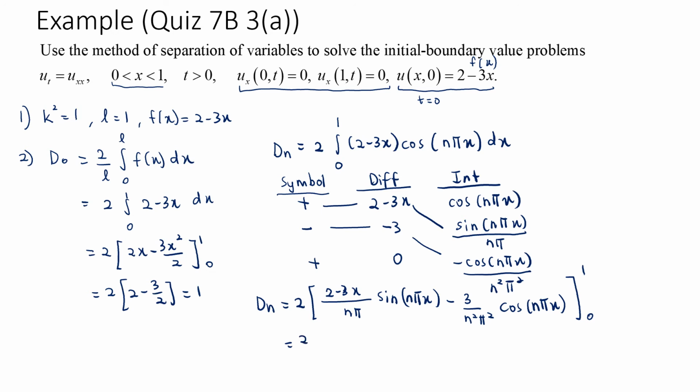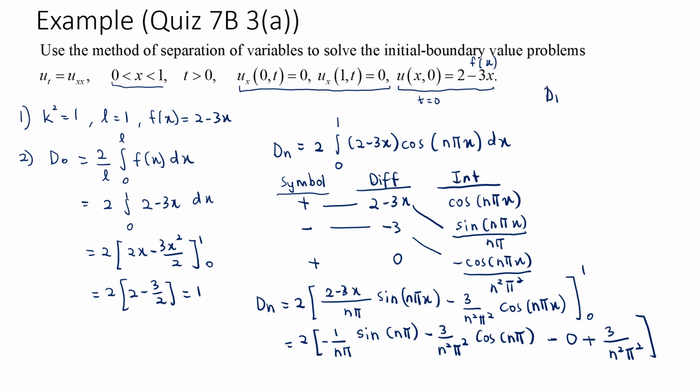So substituting into the equation, we get 2 times (-1 over n pi sine n pi minus 3 over n squared pi squared cos n pi) minus (2 minus 0 times sine 0, which will be 0, and the last one, this will be cos 0, which is 1, so plus 3 over n squared pi squared).